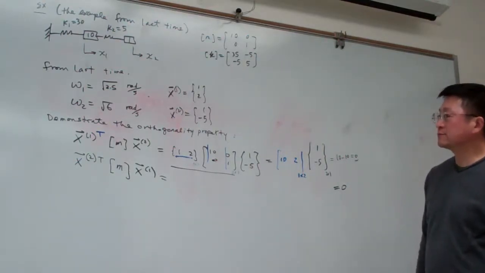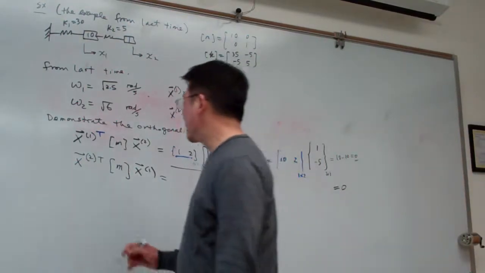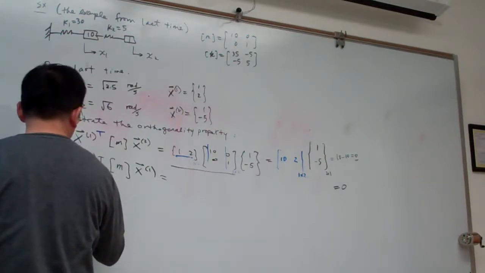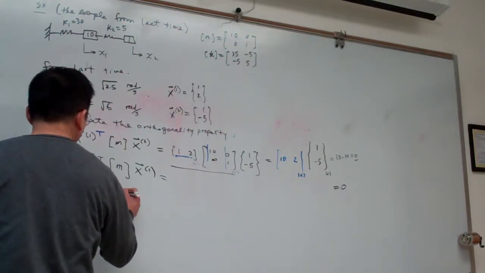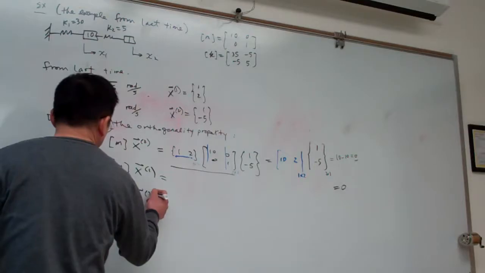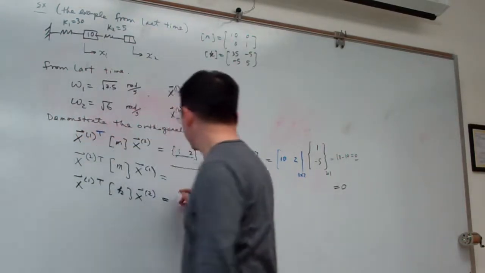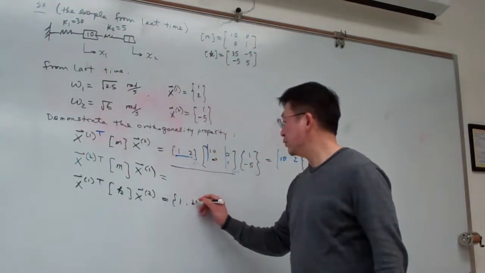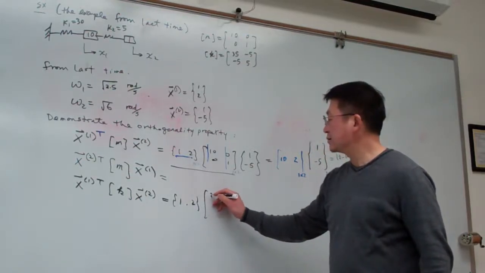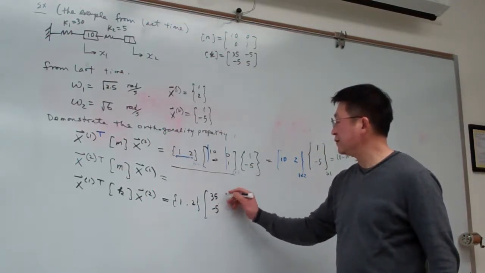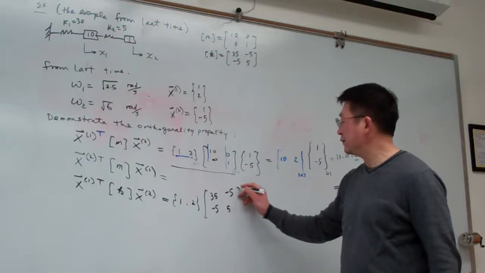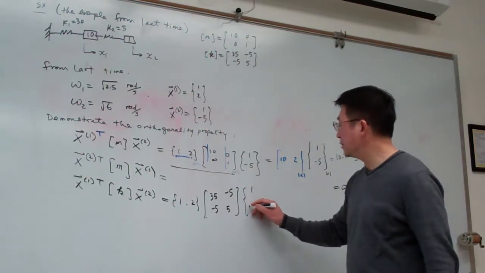Now we can try x1 transpose multiplied with K and see what happens. This is 1, 2, and K is 35, minus 5, minus 5, 5, and 1, minus 5.